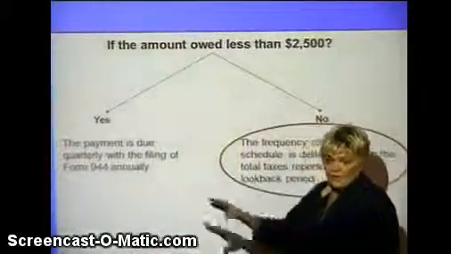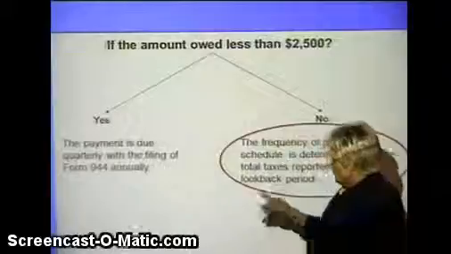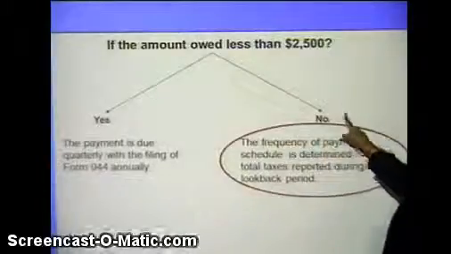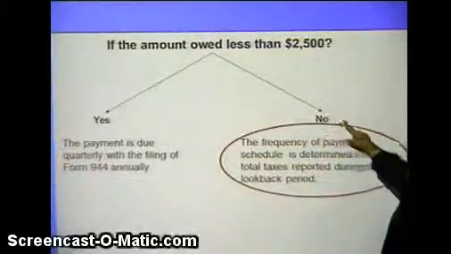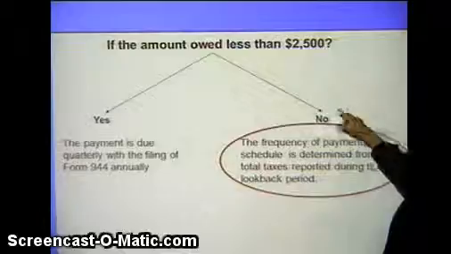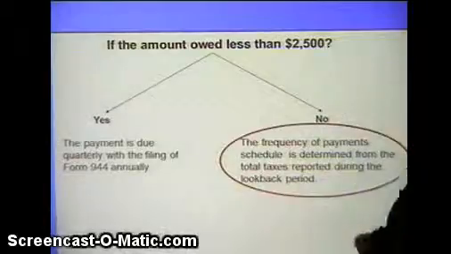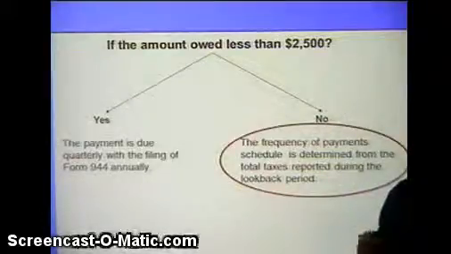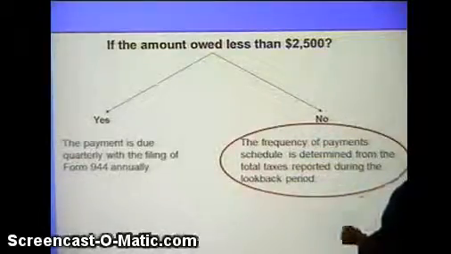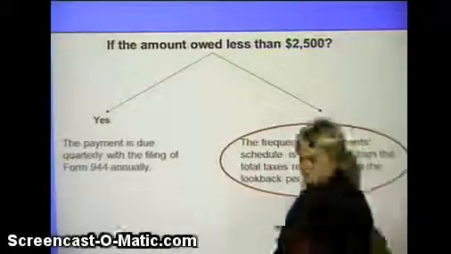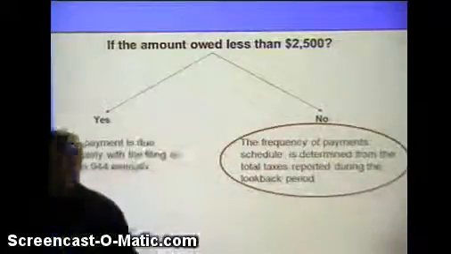They can send their form in quarterly or electronically send it quarterly. If it's not less than $2,500, then they have to look at these other formulas or requirements to see when they have to send theirs. When do they have to report it?